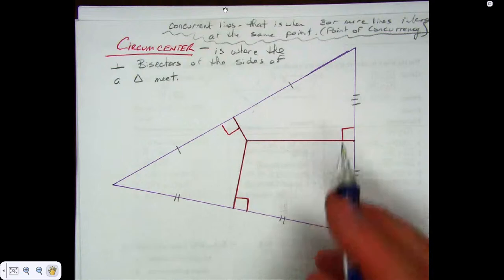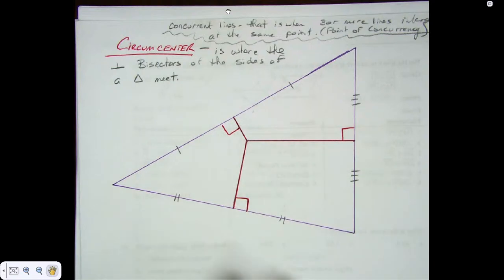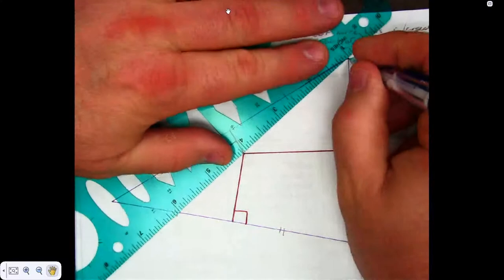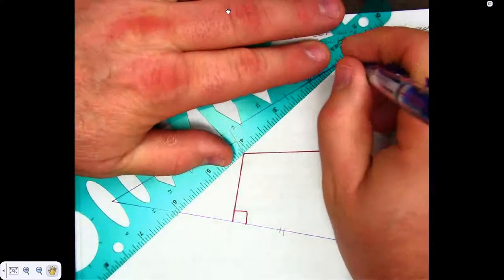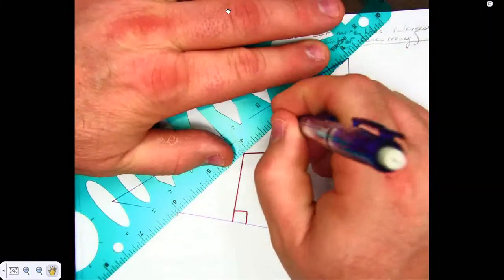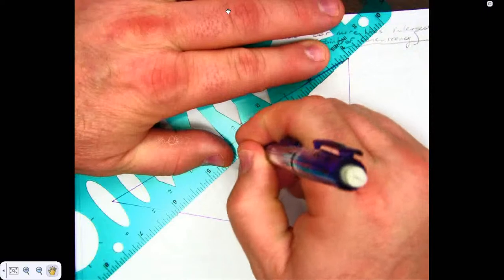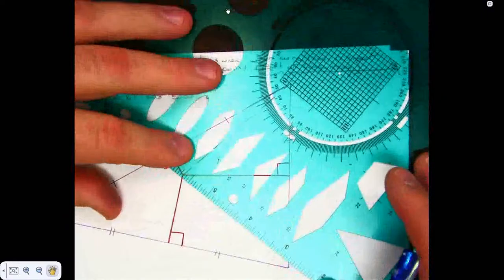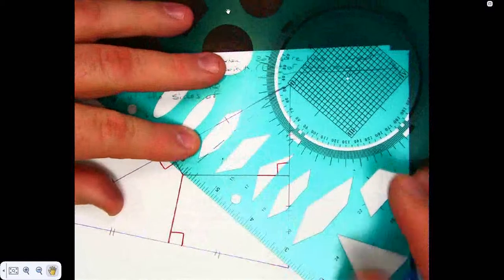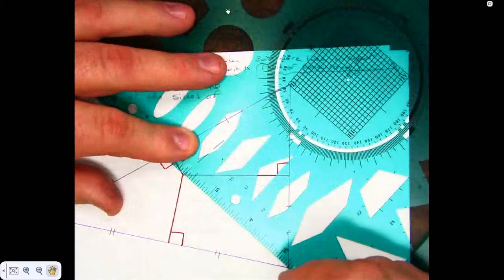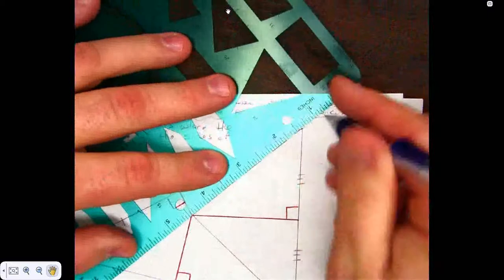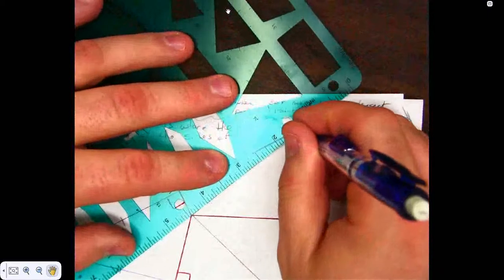Now, what happens that's significant is this. We are going to look at this side right here. How would you describe the segment I'm drawing?